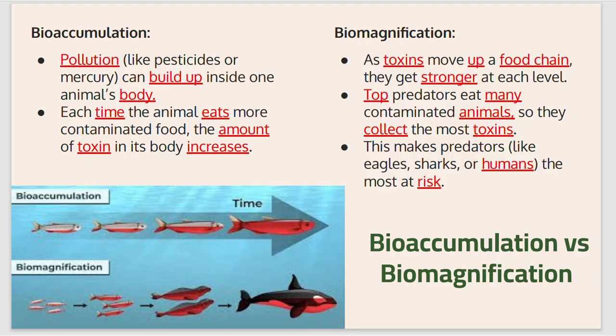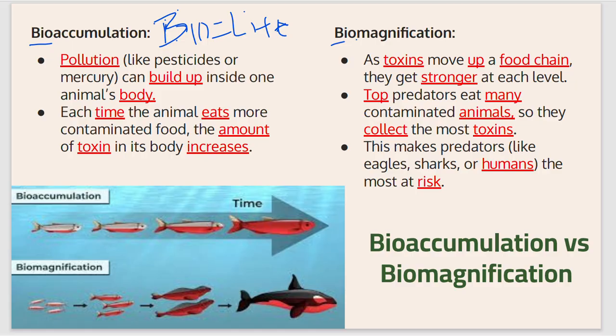So, real quick, some little nerdy topic, bioaccumulation and biomagnification. This is what happens when pollution accumulates in living things. Again, bio meaning living, bio equals life. So just keep that in mind, bio equals life.